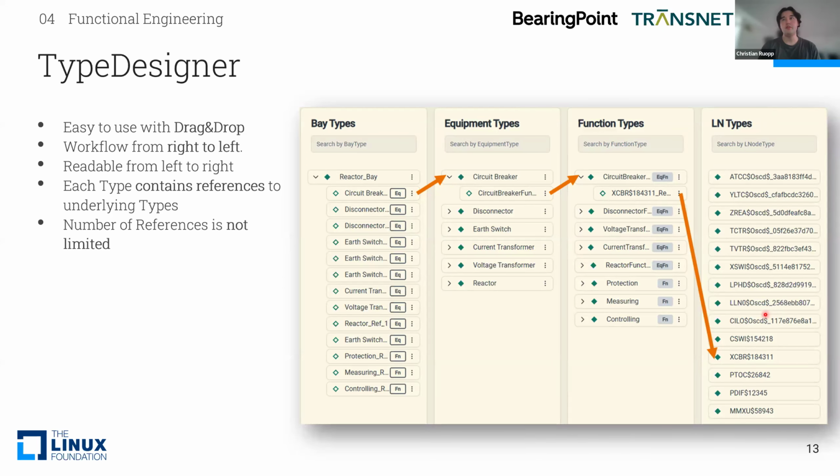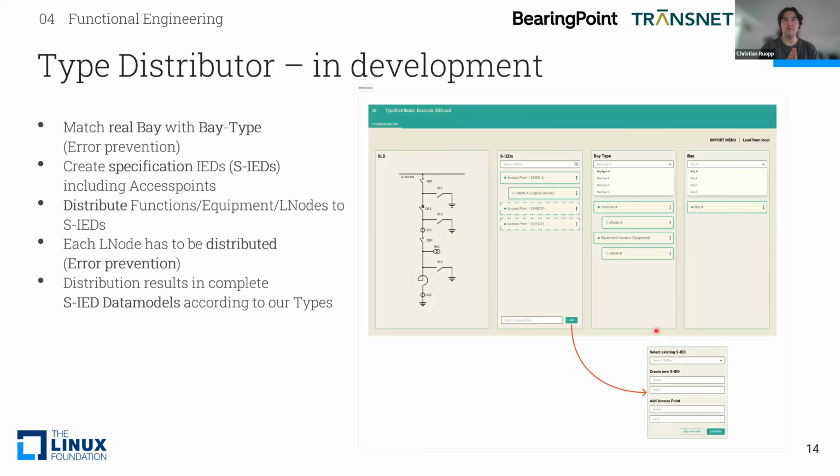So then in the next step, after the type designer, comes the type distributor, which is currently in development, but it shall look like this in the future. So what you do in the type distributor, you have your electrical design type from your planning tool, which you imported earlier, and you have your bay type, which you created in the type designer.